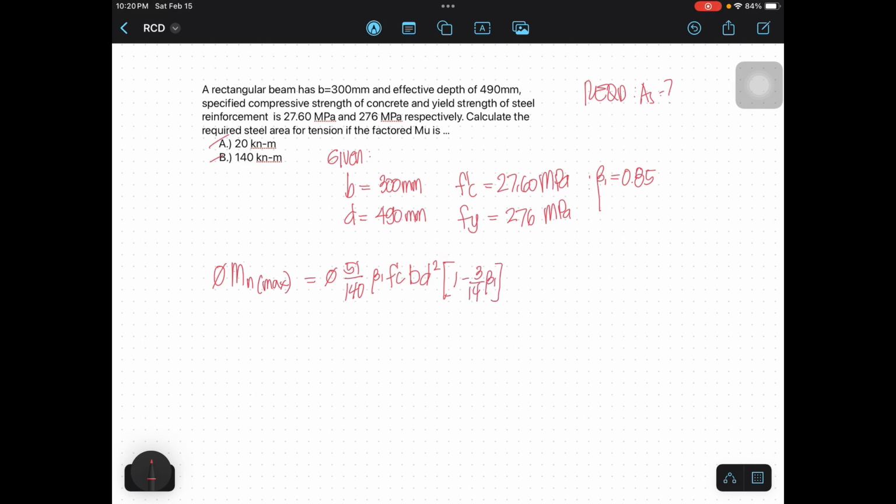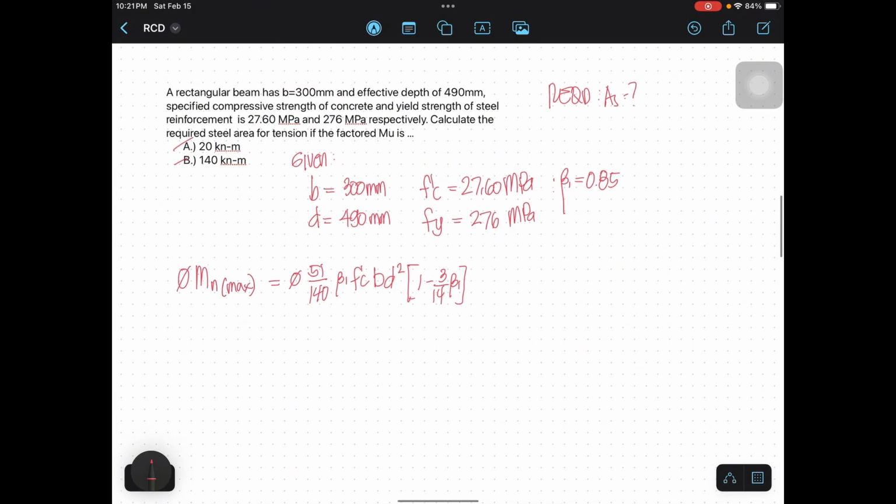So, ito yung ating direct formula for the maximum moment capacity. Okay? So, meron na tayong beta 1, meron tayong f'c, meron tayong bd. So, wala na lang tayo is yung reduction factor.